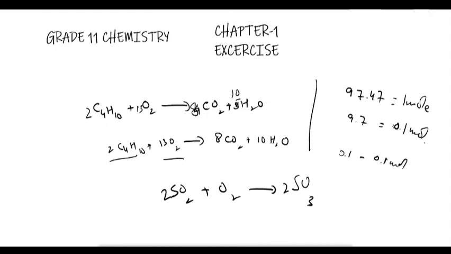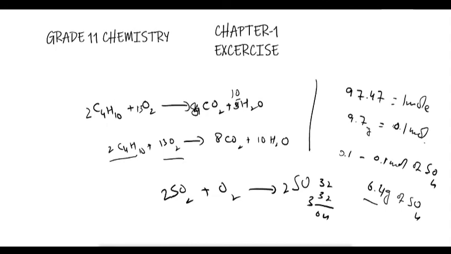0.1 mole of sulfur dioxide. 1 mole of sulfur dioxide is equal to 32 plus 32, which is 64, and 0.1 would be equal to 6.4 grams of sulfur dioxide, which means that 9.7 grams of zinc sulfide will produce 6.4 grams of sulfur dioxide.